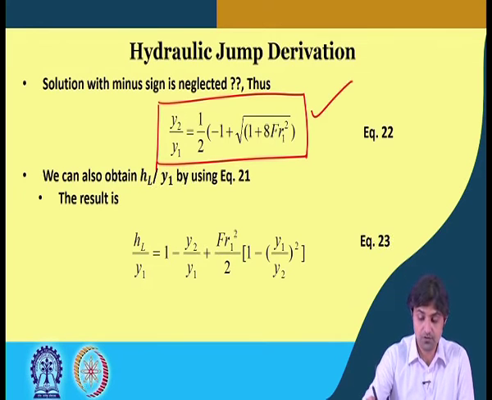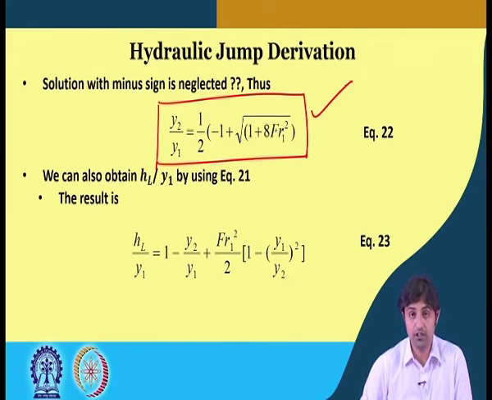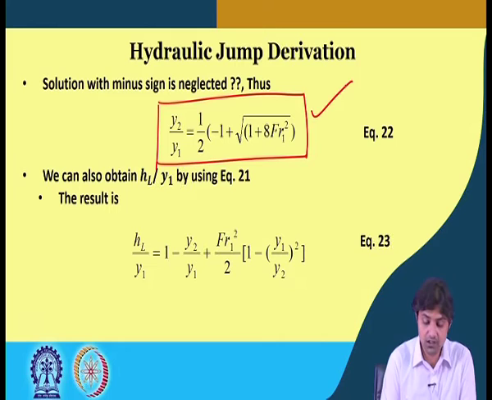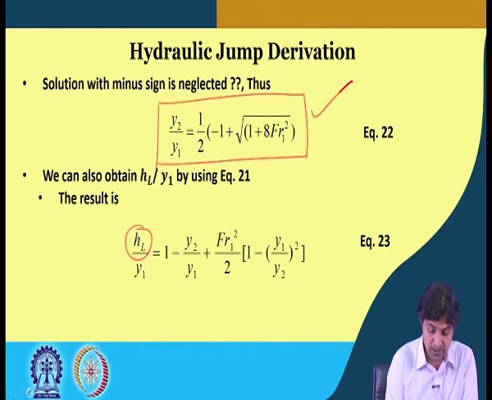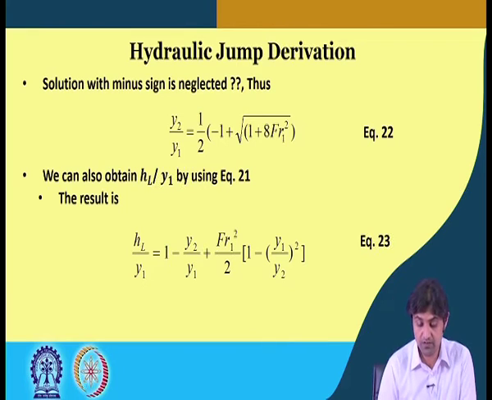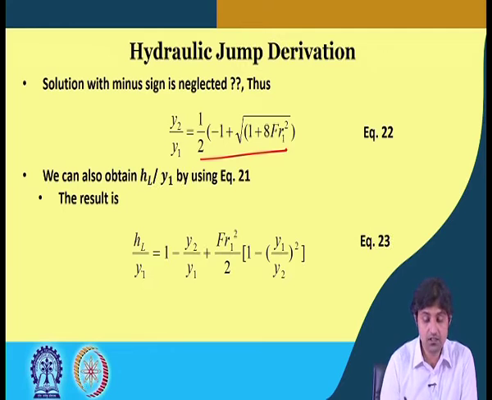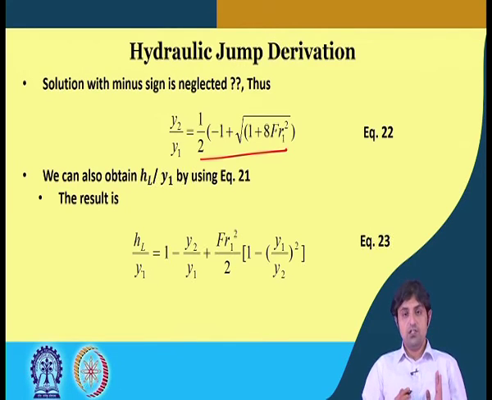So, this is the final solution, and using the energy equation, after we have got y2 by y1, we can obtain the head loss HL. All right. So, if we are able to find y2 by y1 from this equation, see, what happens is when the condition at upstream is always known, we would most of the time know what the discharge is, what the velocity is, what the height of the water is at the upstream end.